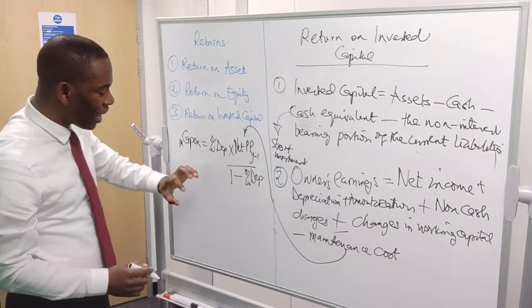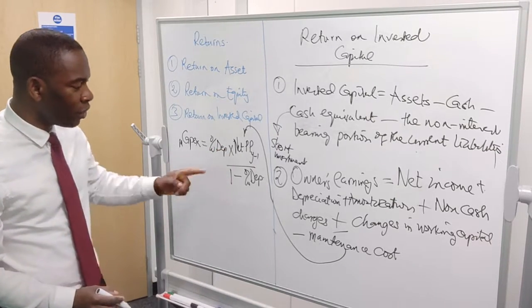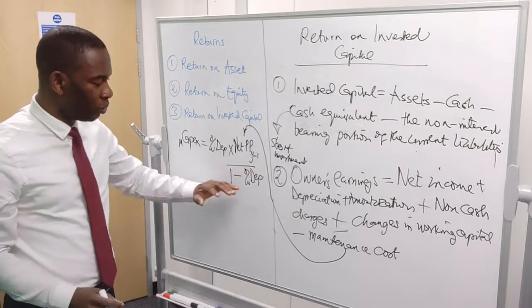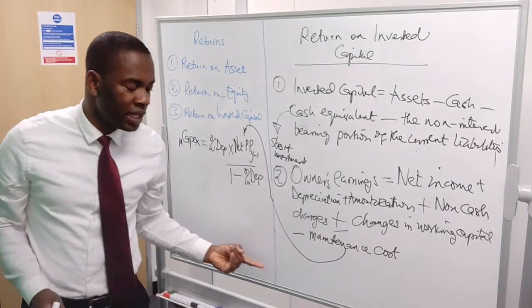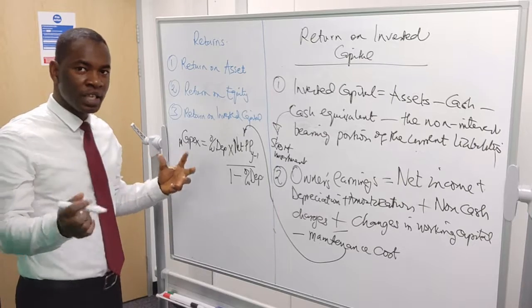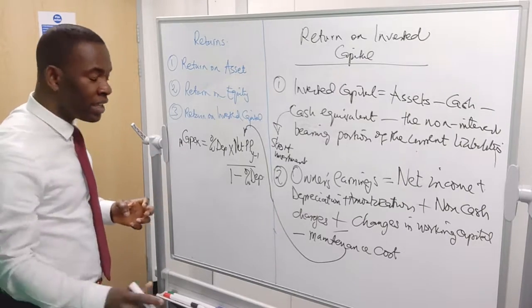That value will give you a value close to your depreciation, which is the maintenance part of the capital expenditure in your investing activity.